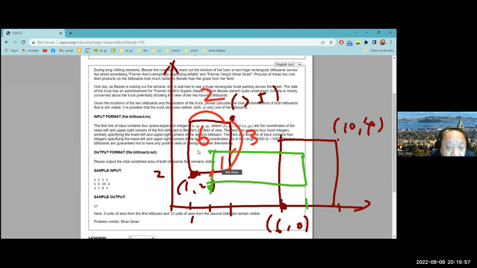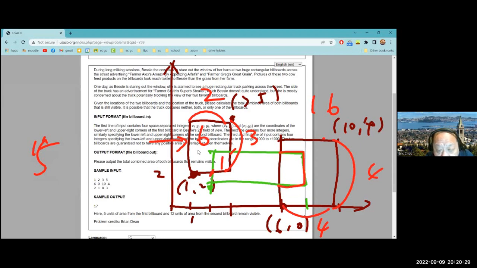So this one's 1. Here, this side should be 5, this one should be 4, and this side should be 4. So you have 16.